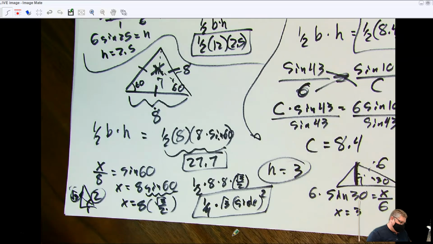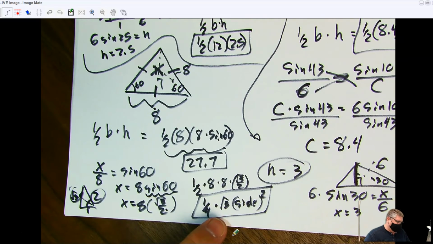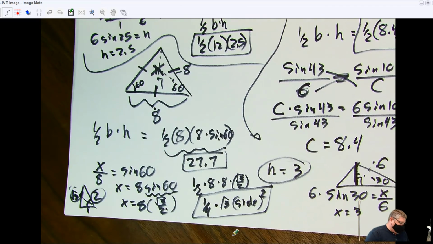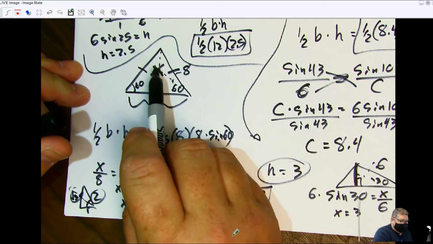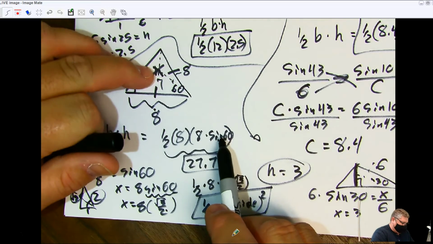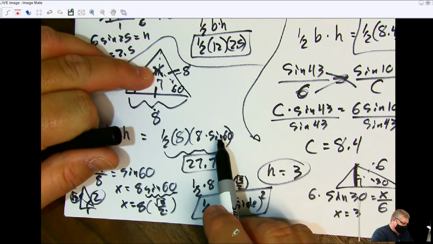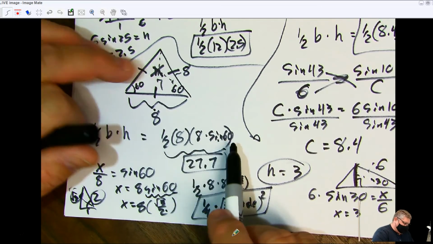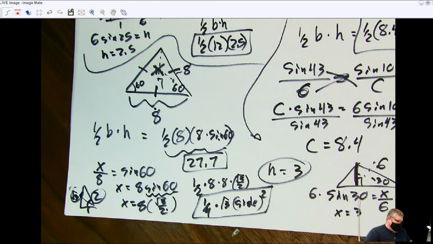It's a very special formula for equilateral triangles, and it all comes out of the fact that the height is always going to have to do in an equilateral triangle with the sine of 60. And so I'm always going to get two sides and a sine of 60, and it'll work out there. So that's another formula that you can use for areas of equilateral triangles because there are no right angles.